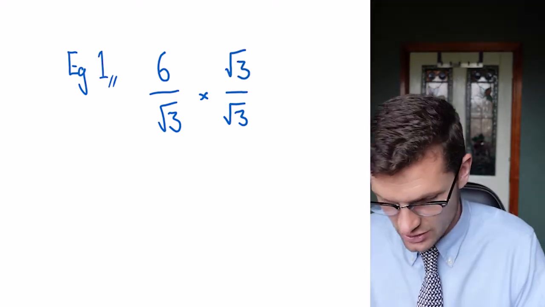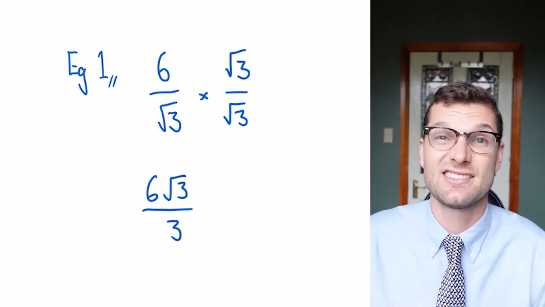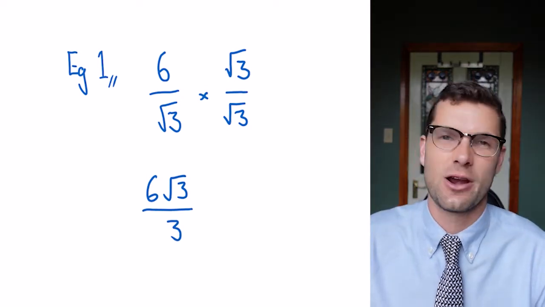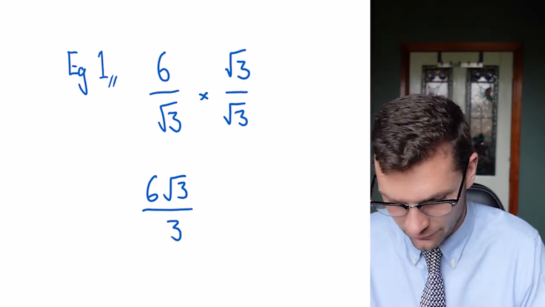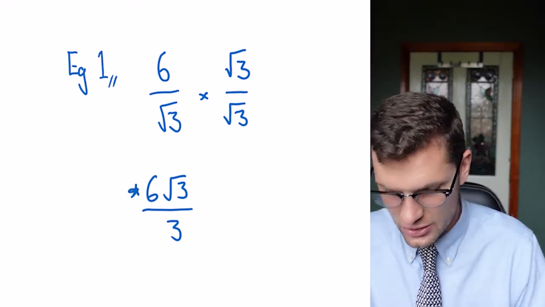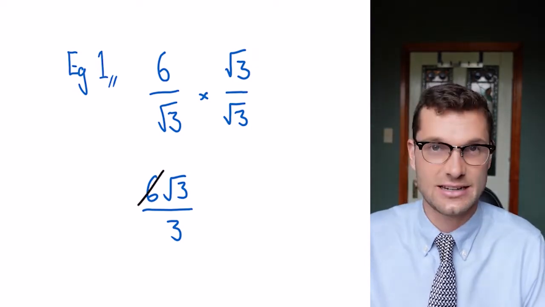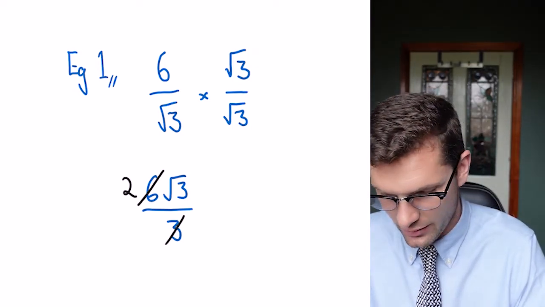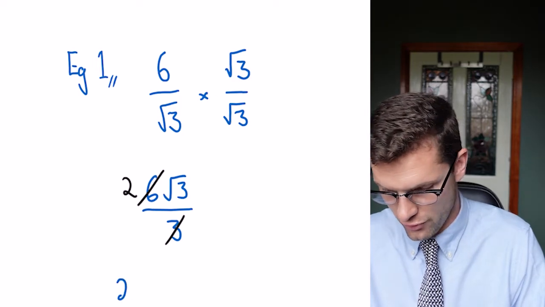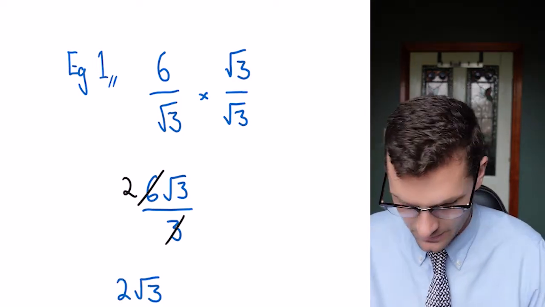So the top there turns into 6 root 3, and the bottom turns into just 3. But here's where it gets a little bit annoying. This front number is still a whole integer, as well as the bottom, so I have to simplify these. So 3 goes into 6 2 times, so my final answer there is 2 root 3 over 1, but that's our final answer.